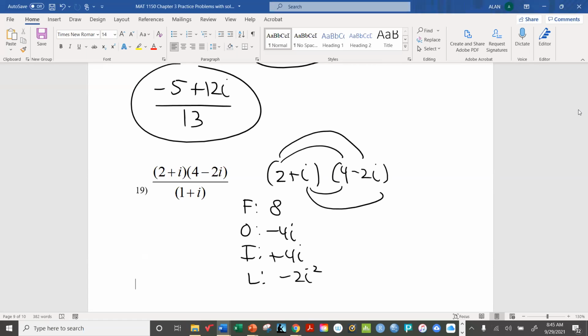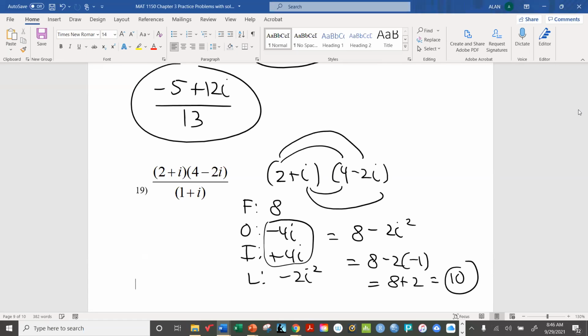Is that right? 8 minus 4i. Oh, well, that worked out rather well. So you have 10. Well, how often do you see that? It's already a constant.